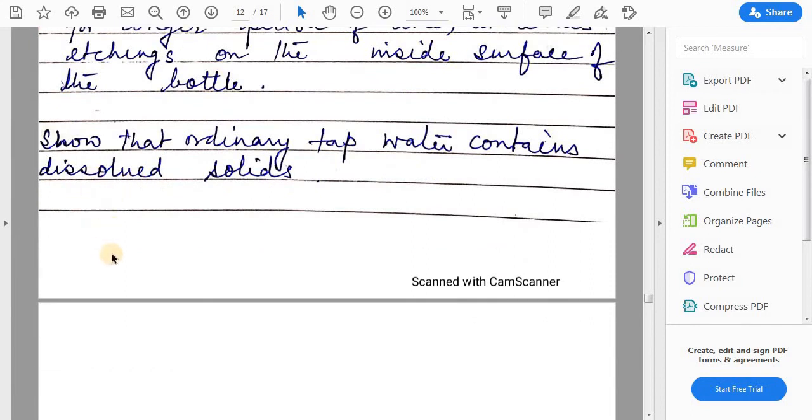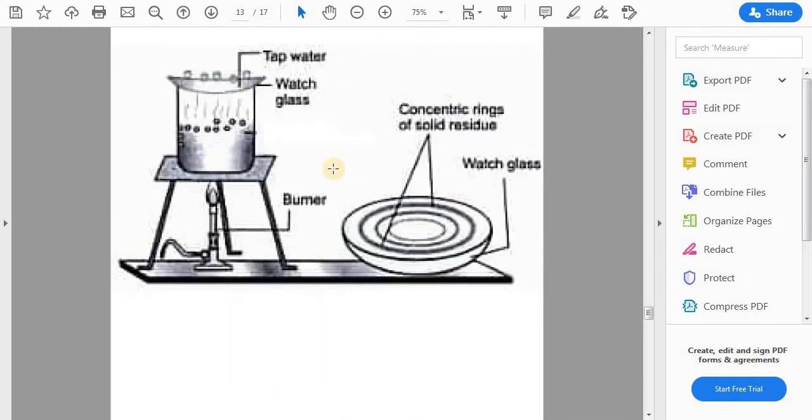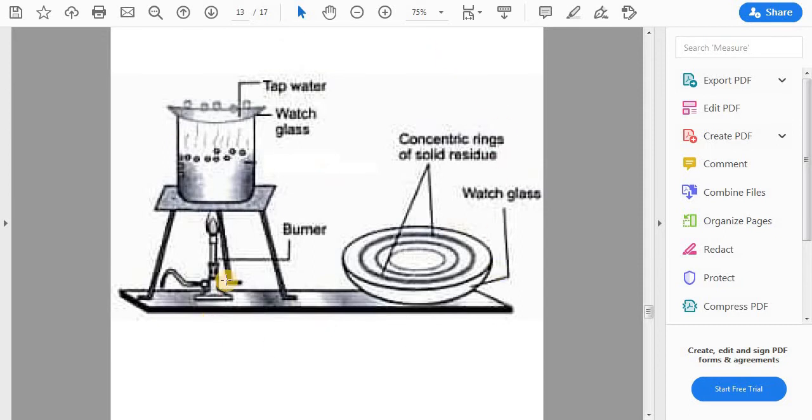Now, next is the experiment that shows that ordinary tap water contains dissolved solids. This is the experimental setup. Put some tap water on a clean watch glass. This is the watch glass you have taken. Now, this is called a water bath. This is also there in your syllabus.